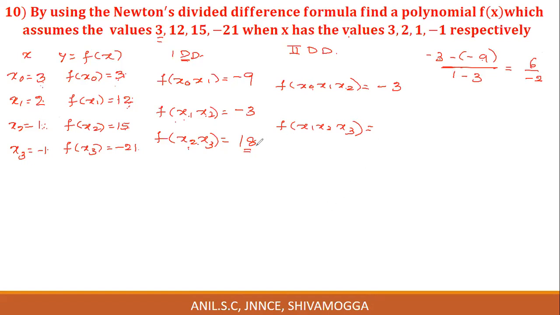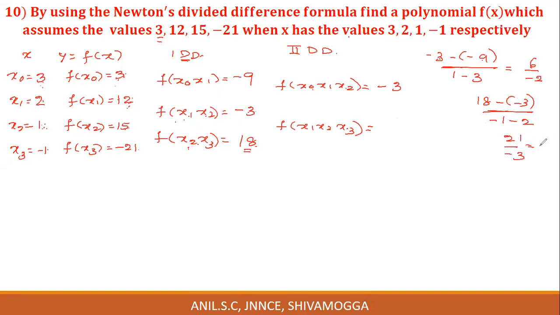Similarly, this value is 18 minus into minus plus 3, divided by x3 minus x1. x3 minus x1 is minus 1 minus 2, minus 3. 18 minus into minus plus 3 is 21, divided by minus 3.